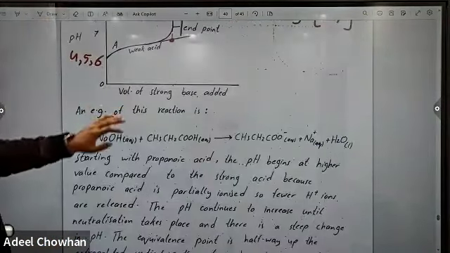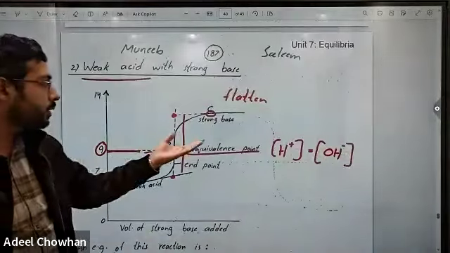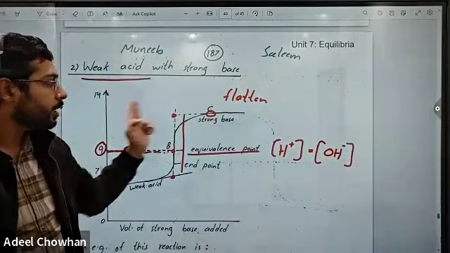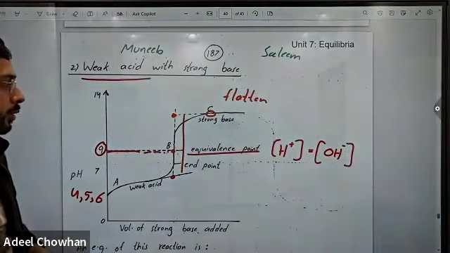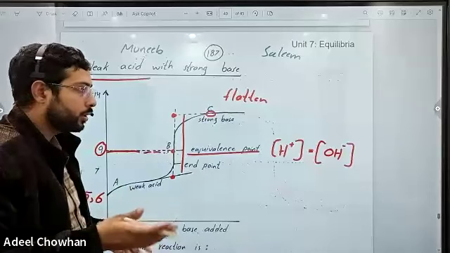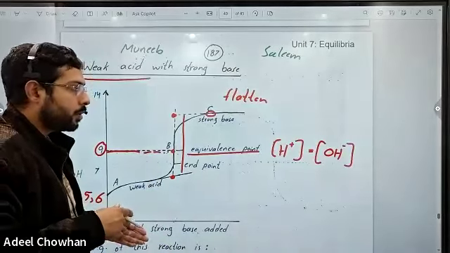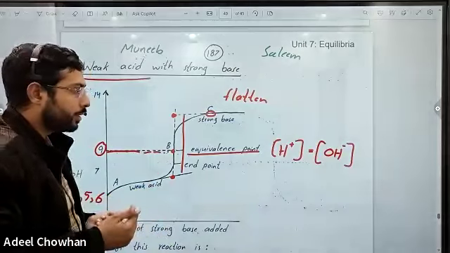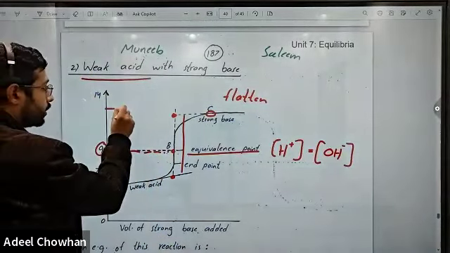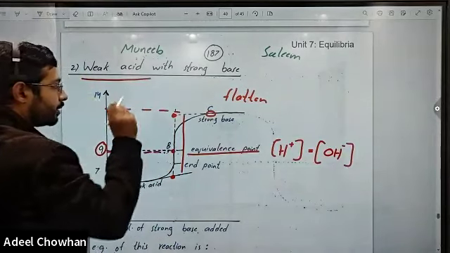Now we have already discussed the whole story. And what about the last portion of the titration? The last portion of the titration indicates that the strong base is now filling the whole flask, or it is only the amount which is now in excess in the flask. That's why the pH is now attaining the value of the strong base, just like the previous case.